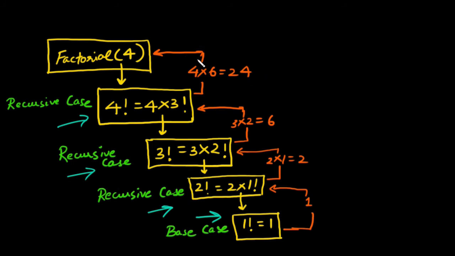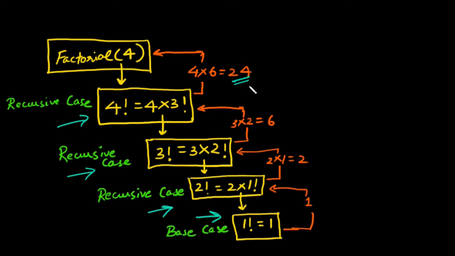So the final output that has been returned is 24. The thing to keep in mind in recursion is, we unfold the tree by invoking the recursive function again and again until we reach the base case, and then we return the value of whatever operation we did. In this case it was multiplication, so we return the final output.